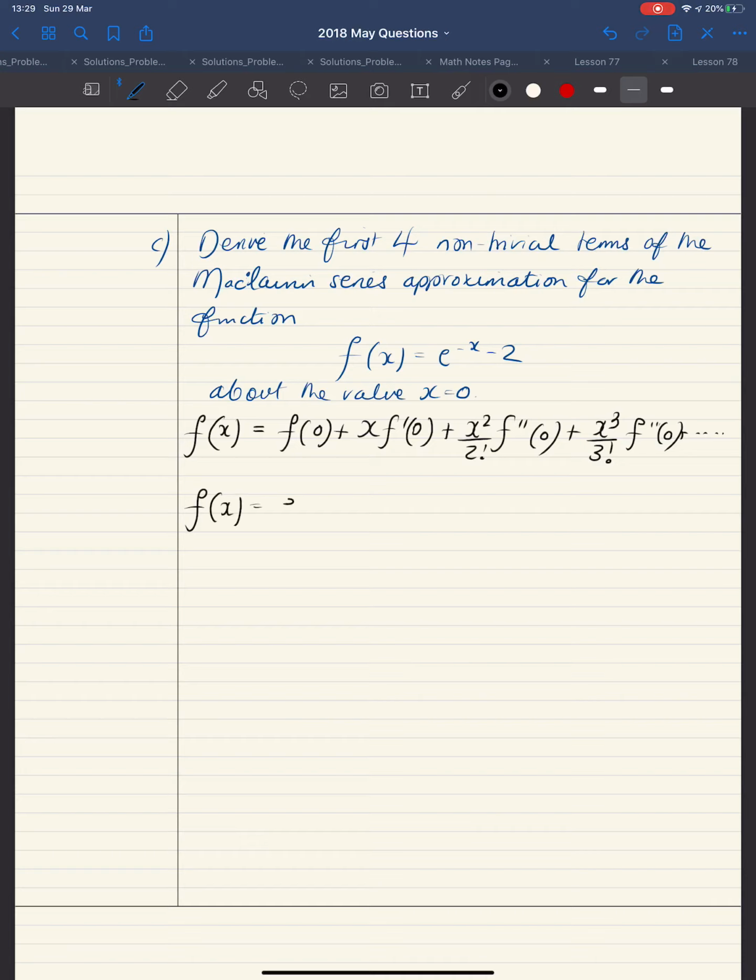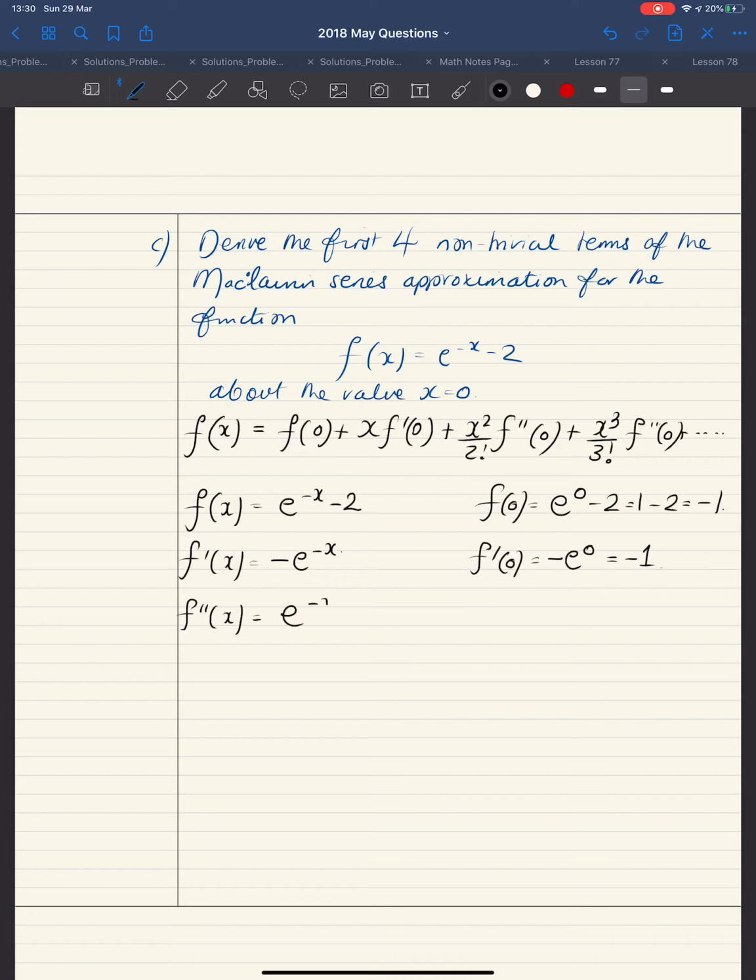So f of x is e to the minus x minus 2. f of 0 is e to the 0 minus 2, 1 minus 2, which is minus 1. f dashed of x is minus e to the minus x. f dashed of 0 is minus e to the 0, which equals minus 1. f double dashed of x is plus e to the minus x. f double dashed of naught is e to the naught, which is plus 1.